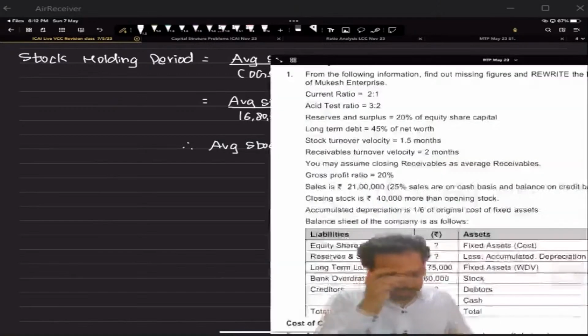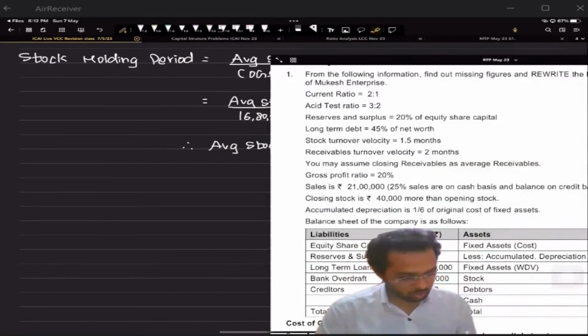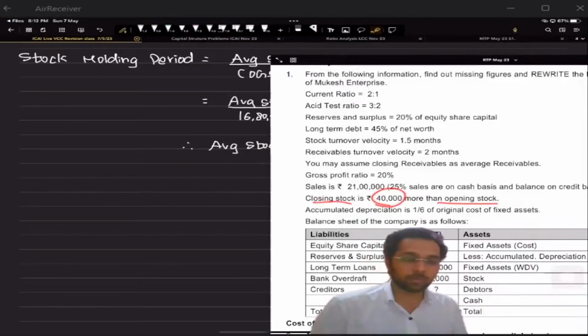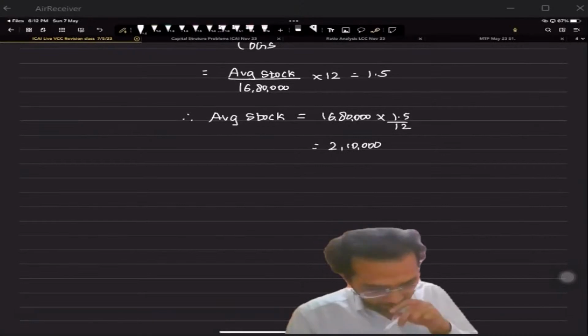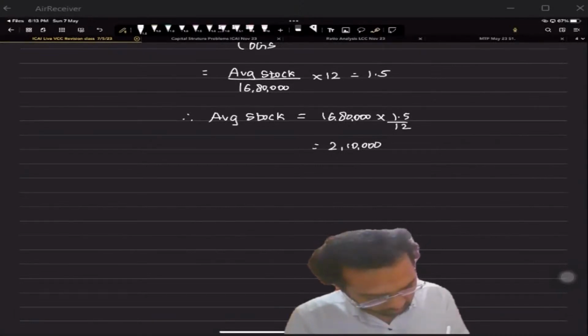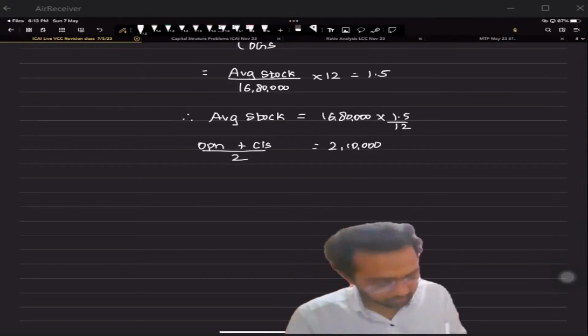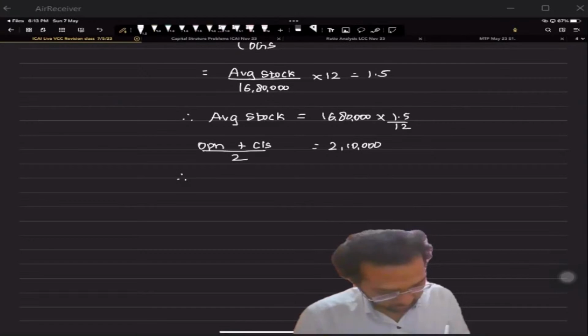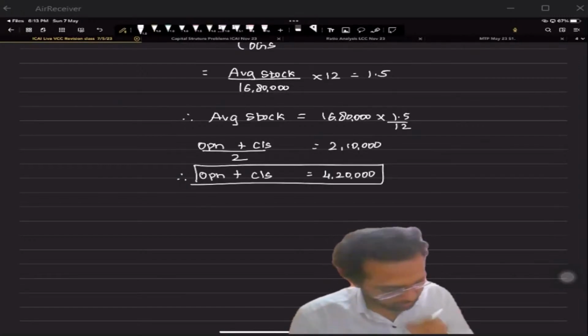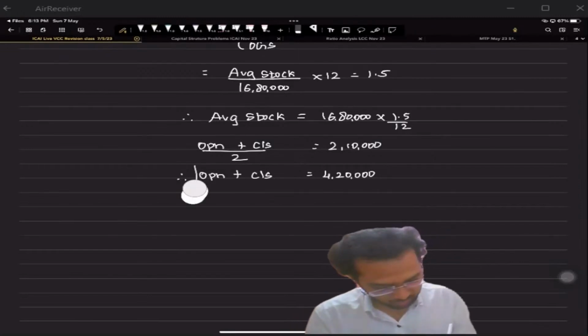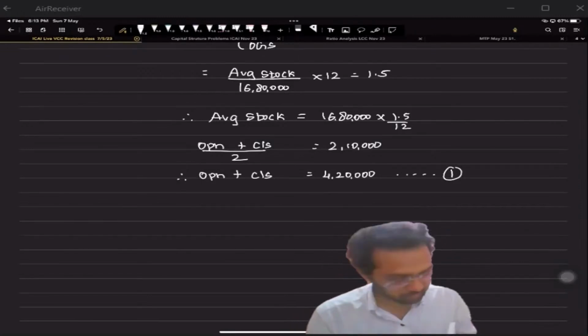But the question gives the information that closing stock is 40,000 more than opening stock. So I need to get the figures of closing and opening. This average stock is actually opening stock plus closing stock divided by 2. So we get opening plus closing as 4 lakh 20,000. Let me name it equation number 1.